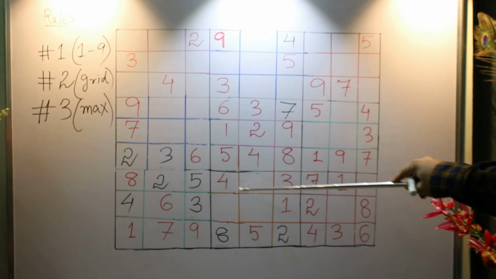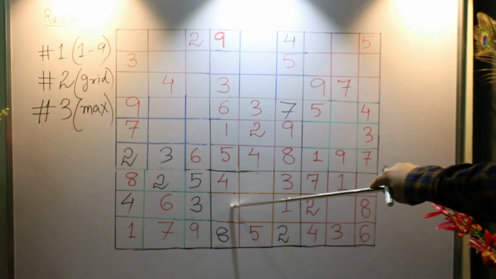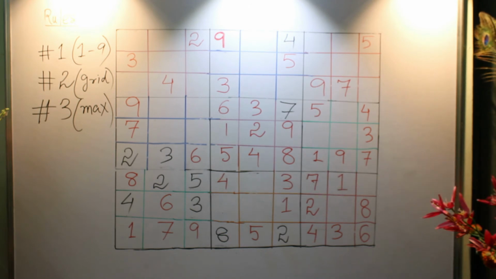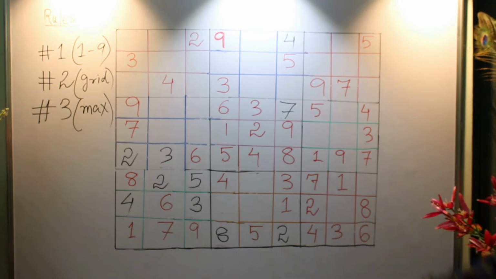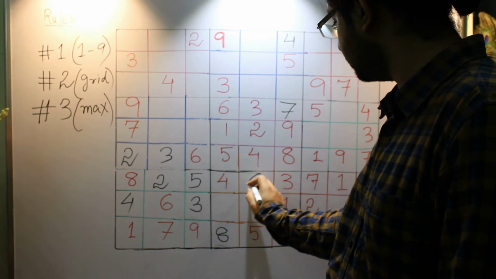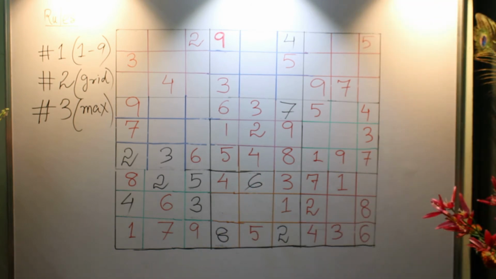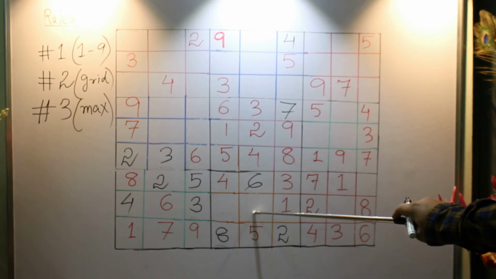For example, I see that in this grid 6 is missing. At a glance we see 6 cannot be placed anywhere in these two boxes because of this 6. So the only place where I can place 6 is this, right? Okay. Now left are 7 and 9.